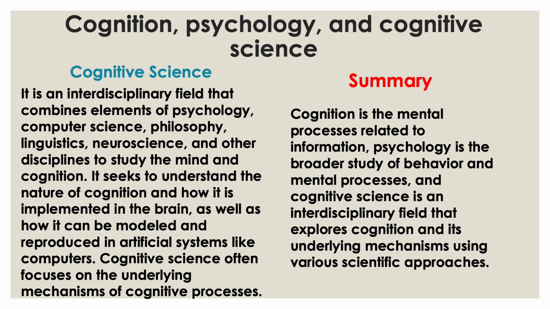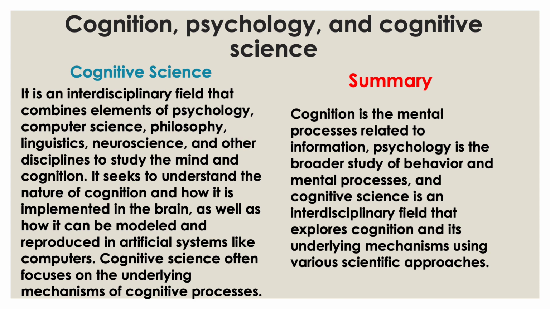Now, cognitive science is the interdisciplinary field that combines elements of psychology, computer science, philosophy, linguistics, neuroscience, and other disciplines to study the mind and cognition. It seeks to understand the nature of cognition and how it is implemented in the brain, as well as how it can be modeled and reproduced in artificial systems like computers.